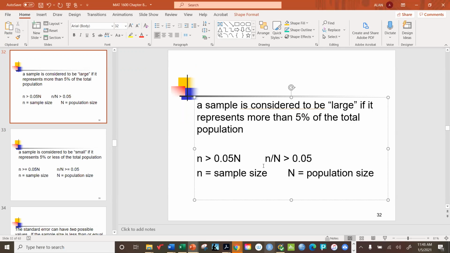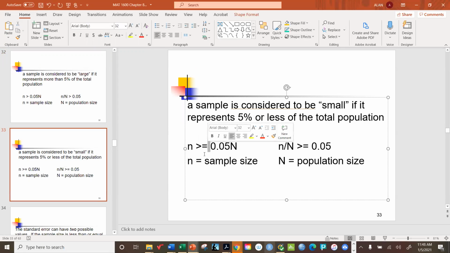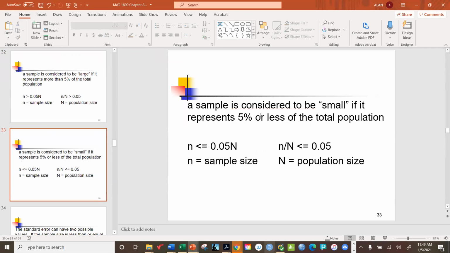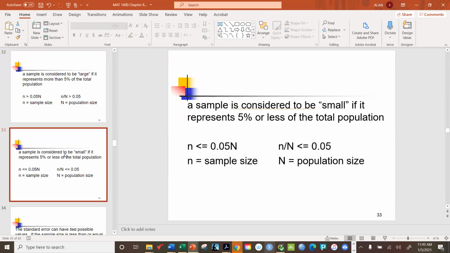All right, that's better. So more than 5% means large, and less than or equal to 5% means small. I've got to fix this one too. Now this one becomes less than or equal to, and this will be less than or equal to. Once again, more than 5% is large, less than or equal to 5% is small.